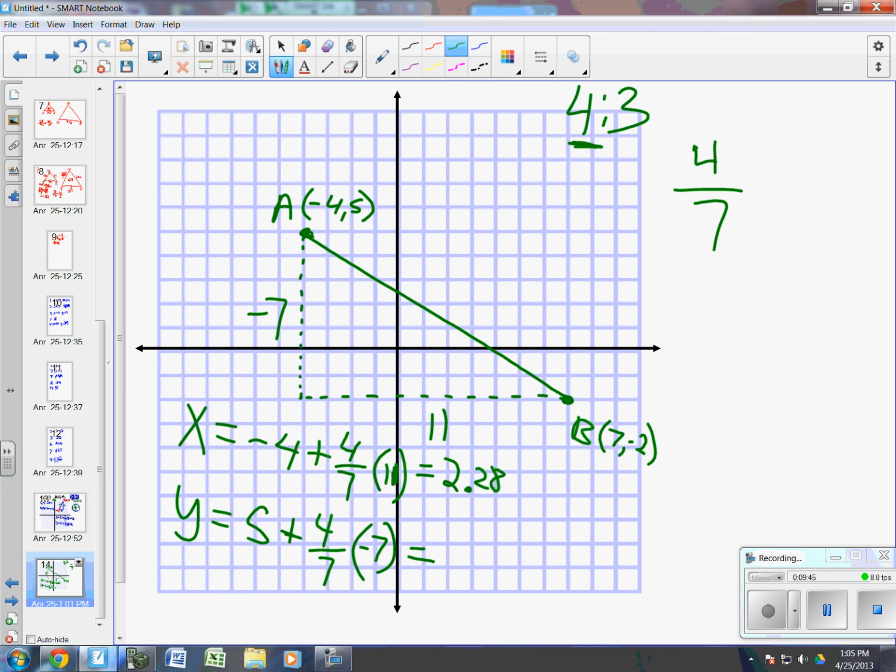Okay, what is that? 1. So at 2.28, 1, I'm going to go over 2.28 and up 1. It's right there. Is that on the line? This is how you can check to see if you got P right, if it's on the line. 2.28, comma, 1.